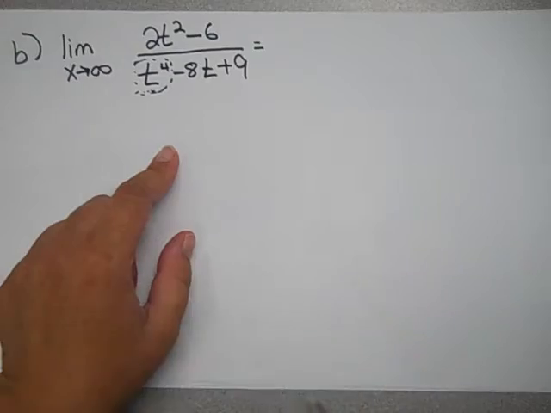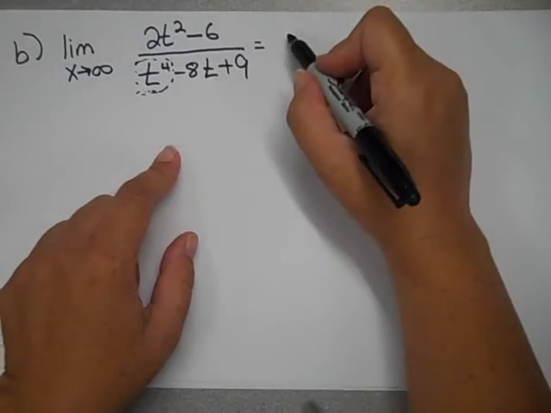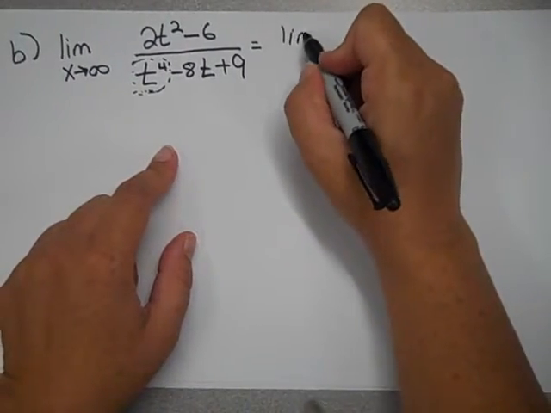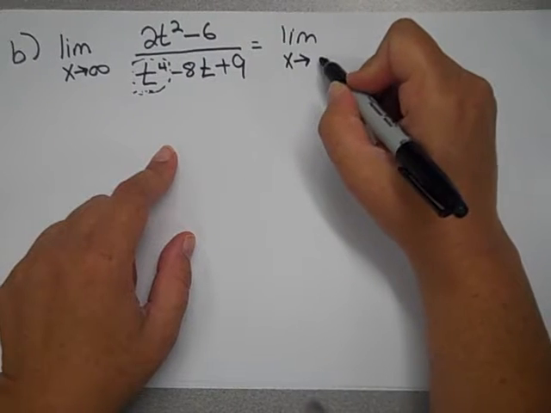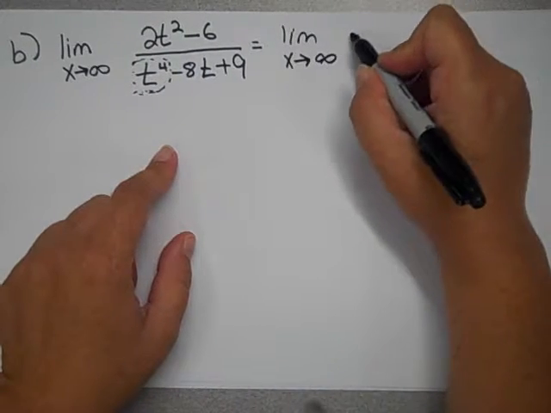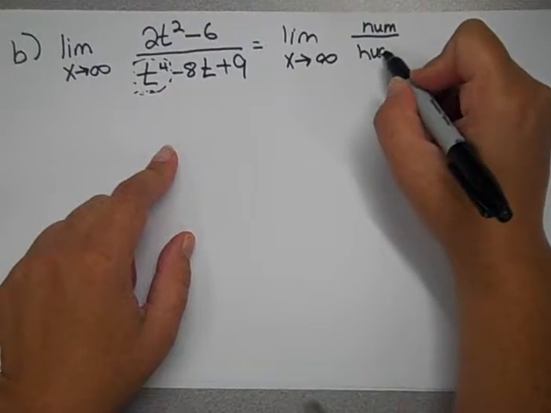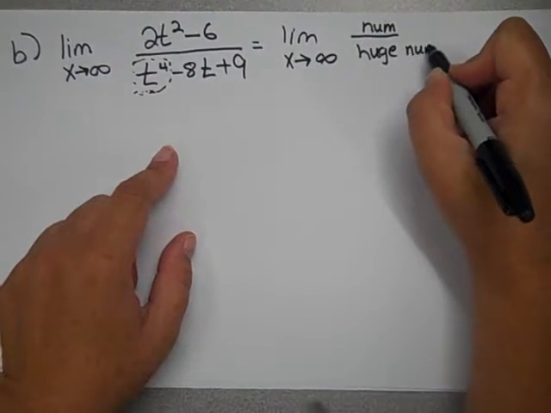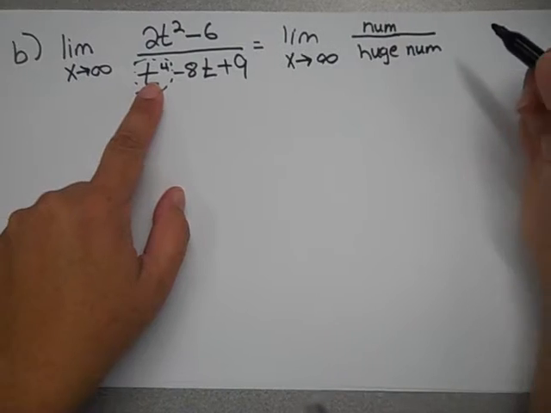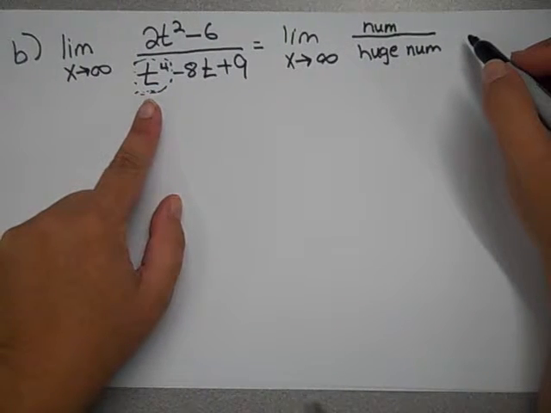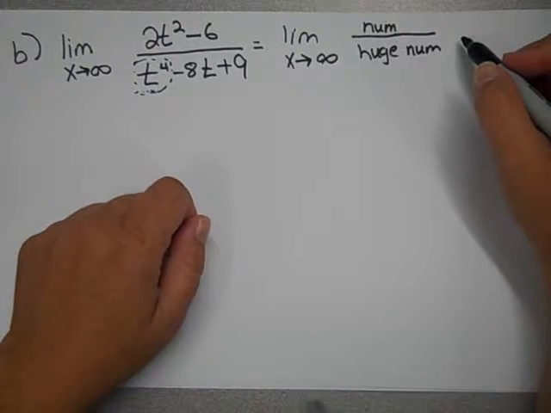If you have 1,000,000 to the fourth here and 1,000,000 squared here, this 1,000,000 to the fourth is still incredibly bigger. So what happens is, as x approaches infinity, as x gets really big, you have a number on the top and a really huge number on the bottom, right, because of that t to the fourth. So a number over a huge number is getting closer and closer to 0.